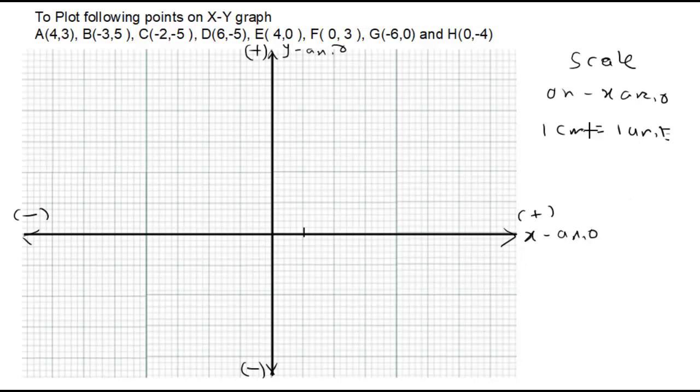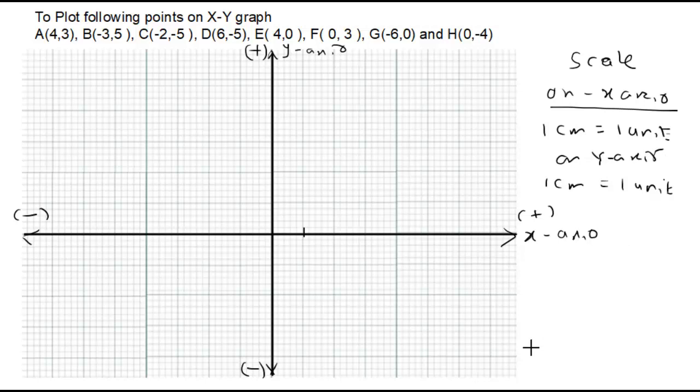Similarly on the y-axis, I am considering 1 centimeter is equal to 1 unit. But it always depends on how big a number you have to plot on the graph paper. Generally, it is a standard scale to consider 1 centimeter equal to 1 unit.